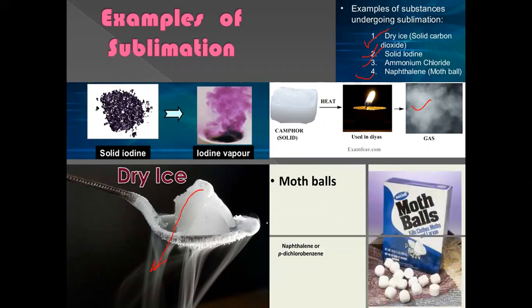As well as this is mothball, also called naphthalene balls. And naphthalene, or its chemical name, p-dichlorobenzene. These are the balls which we use as insect repellents or to kill clothes moths. We just keep them in the clothes.